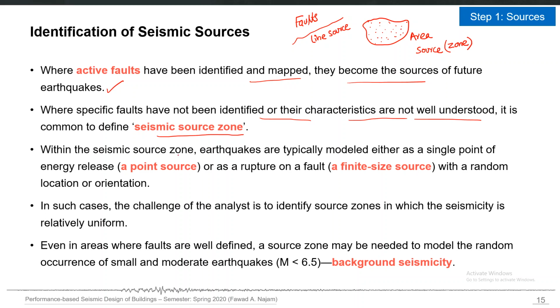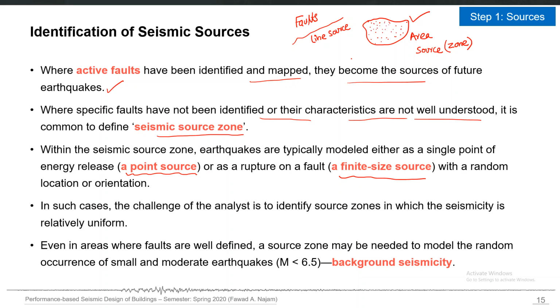Within the seismic source zone, the earthquakes are typically modeled either as a single point of energy release, for example a point source, or as a rupture on a fault, a finite size source with a random location and orientation. So once we define a source zone, just like this one, then we model all the earthquakes which are already available from past historical data.